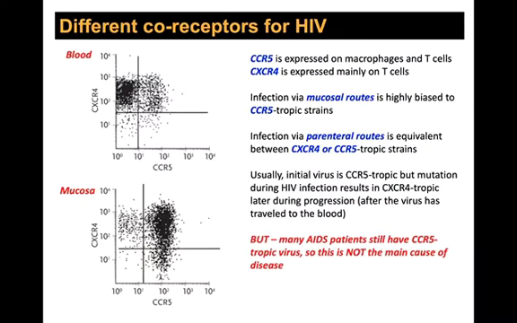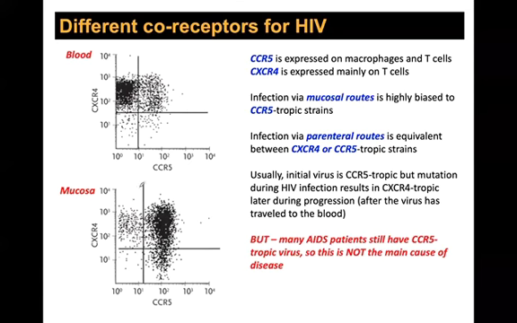Okay, so now when you're looking at the blood, really you're looking at what kind of cells are there. So CCR5 is expressed on macrophages and T cells, but CXCR4 is mainly expressed on T cells alone. Okay, so these are two looking at T cells in both the blood and the gut.